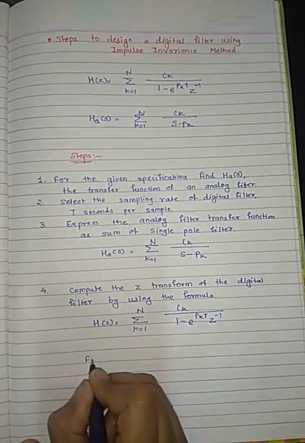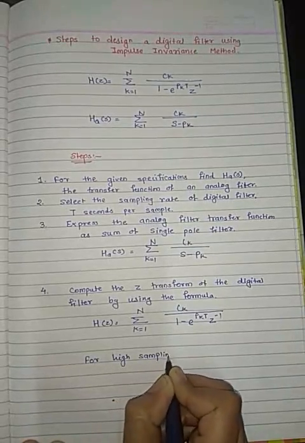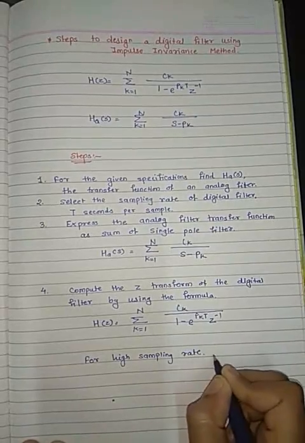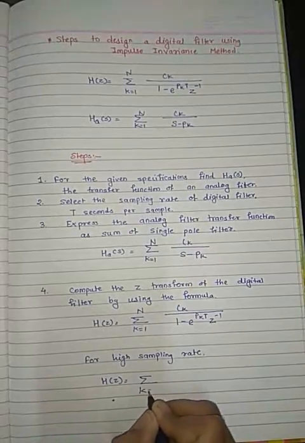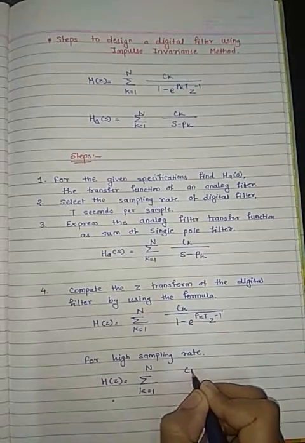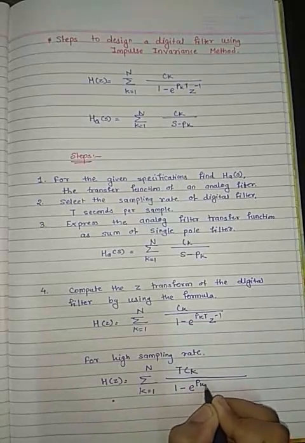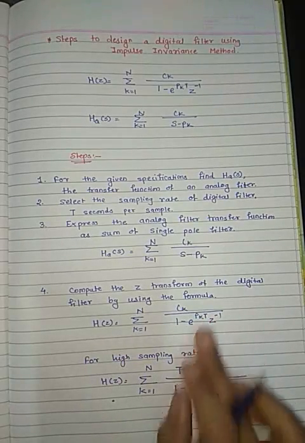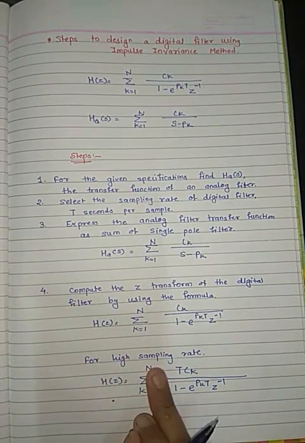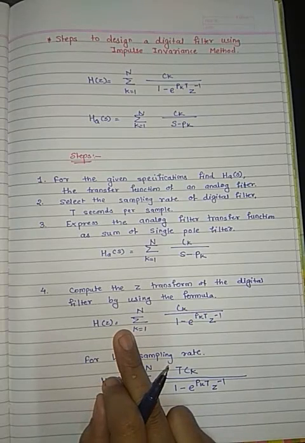For high sampling rates, we have to use the equation H(z) equal to the summation from k equal to 1 to N of ck multiplied by T divided by 1 minus e raised to pk T z raised to minus 1. That means we just multiply the equation of H(z) by T for high sampling rates. If it is low, then no problem, we consider the first equation only.